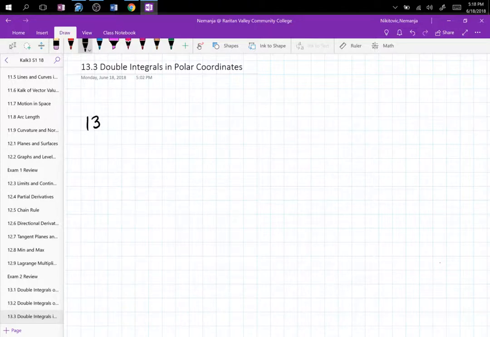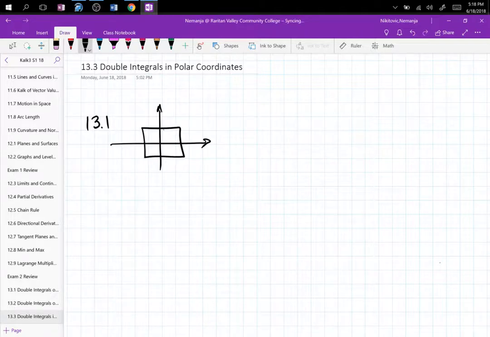In 13.1, your region R is a rectangle going from A to B and C to D, and then your integral limits were A to B, C to D, or the other way around, C to D, A to B, depending on what you had.